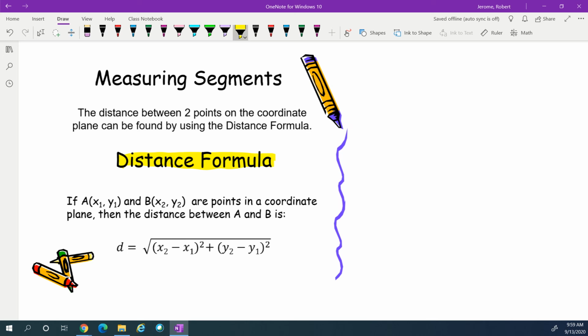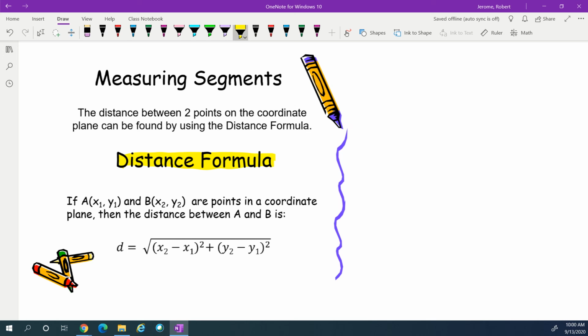But if it's on any sort of an angle, we have to use our distance formula. And if you look at the distance formula, it's not terrible. In fact, we're familiar with this. y2 minus y1 and x2 minus x1, those are really just the elements of slope. We're just using our knowledge about slope and applying it in a slightly different way.